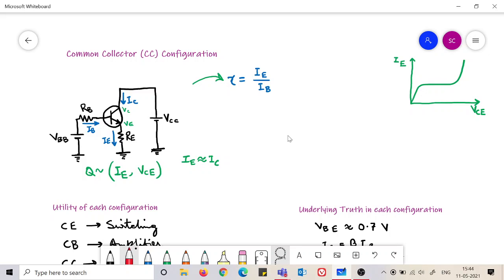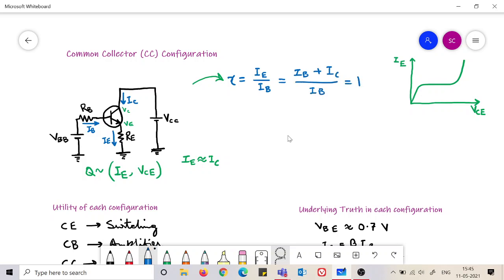What is gamma and what is its relation with alpha and beta? Previously we had a relationship of alpha with beta. So there is a relationship of gamma with alpha and beta as well. It is very easy. Gamma is nothing but IB plus IC by IB.